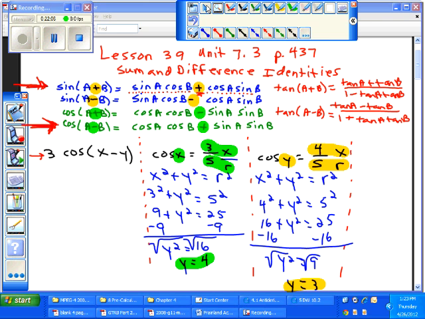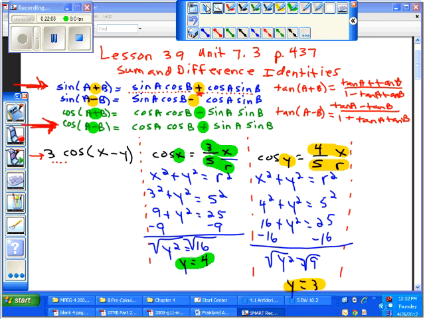When we expand cosine of x minus y, we're going to be using the cosine of a minus b, which is cosine first, cosine second, plus sine first, sine second. So we're going to have cosine x, cosine y, plus sine x, sine y.